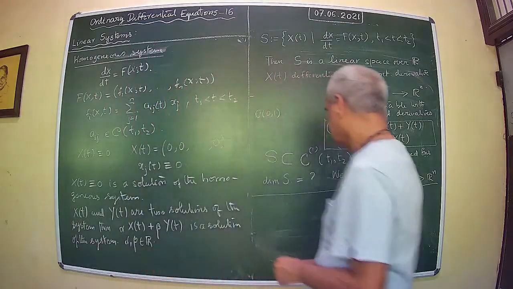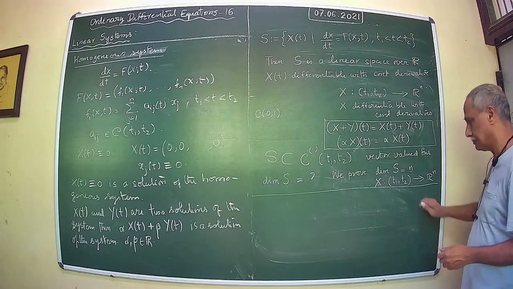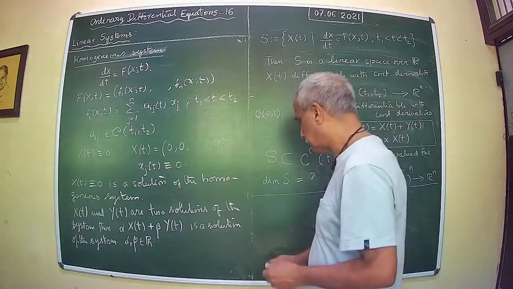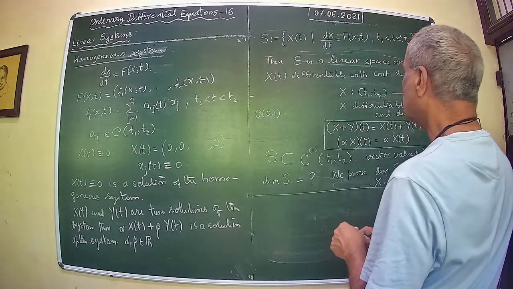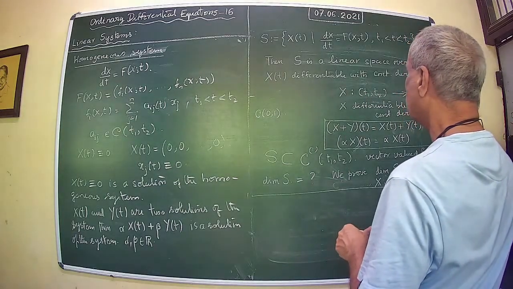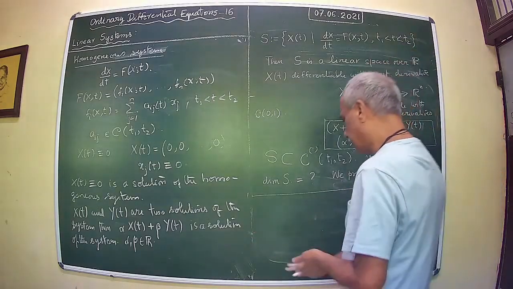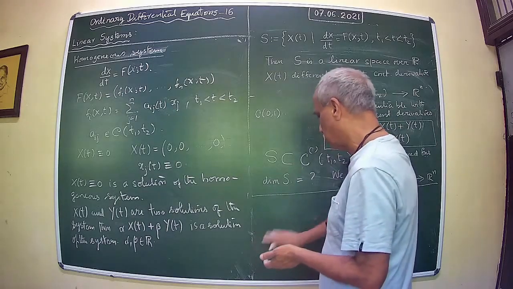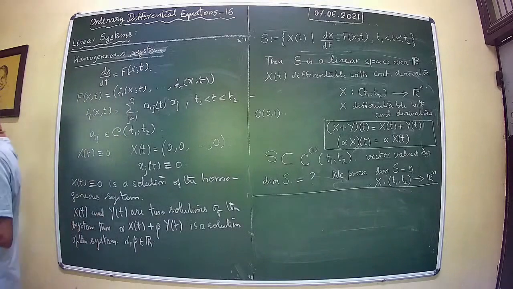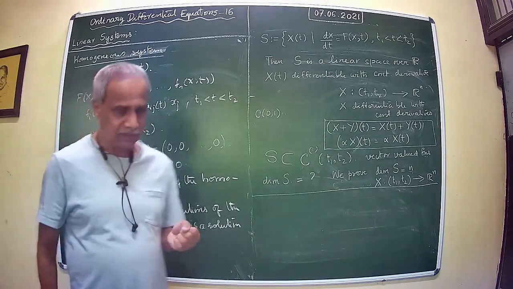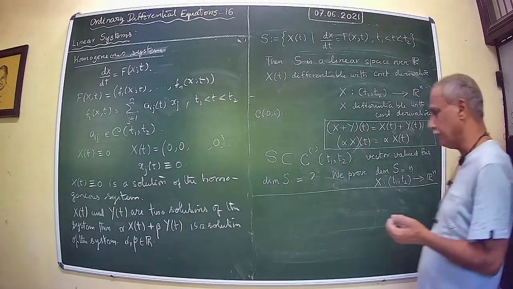Okay. So let us prove this first of all. How do we work on this? You find a basis for this solution space. So we make the following observation. One of the powerful things in our theory is the following.